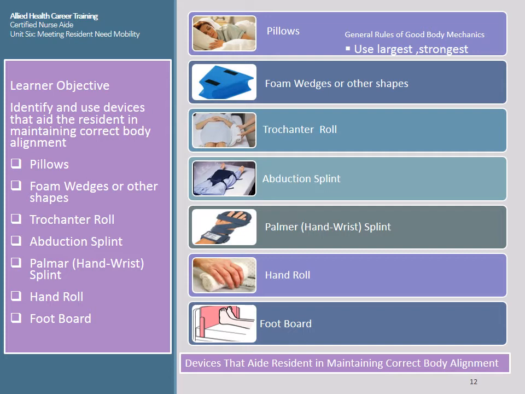The best way to do this is just to take a wash rag and fold it up and place it into their hands. A footboard is also used to help the resident to keep their feet in an upright position. These are just some of the devices that aid the resident in maintaining a correct body alignment. We will practice these when you come to skills.